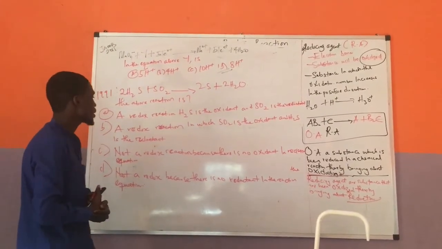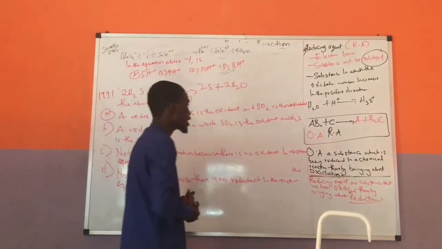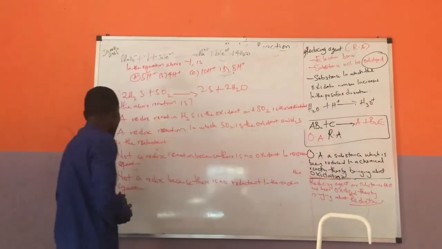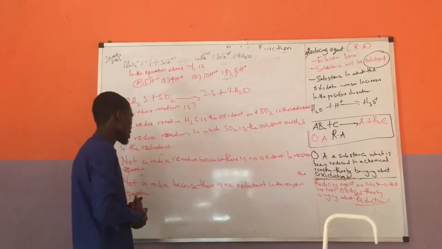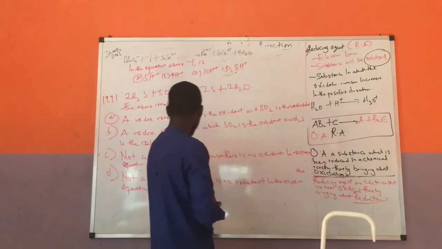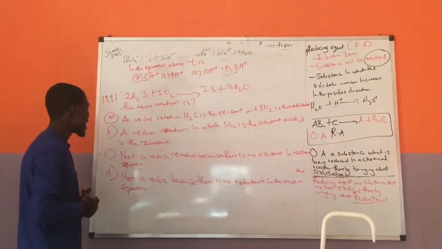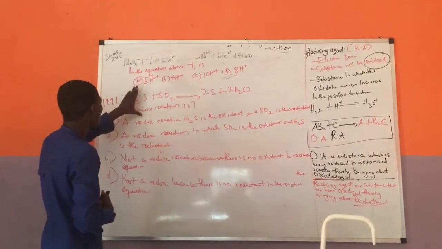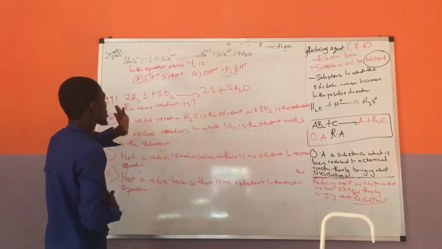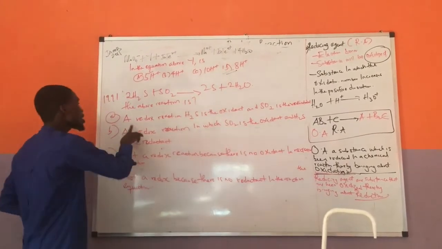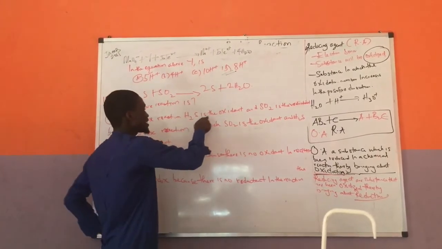C, not a redox reaction because there is no oxidant in the reaction. No. So C is wrong. D, not a redox reaction because there is no reductant in the reaction. So C and D are wrong because from this equation here, we have the oxidant, we also have the reductant.